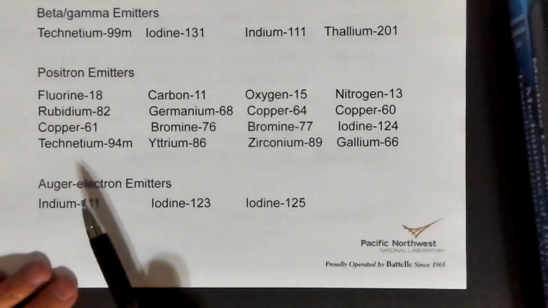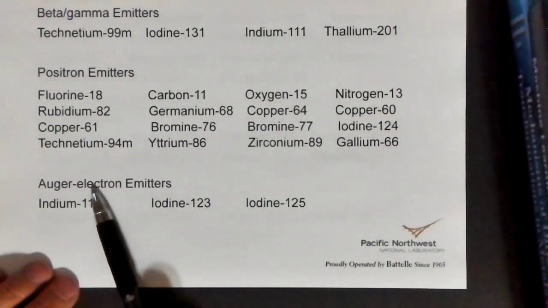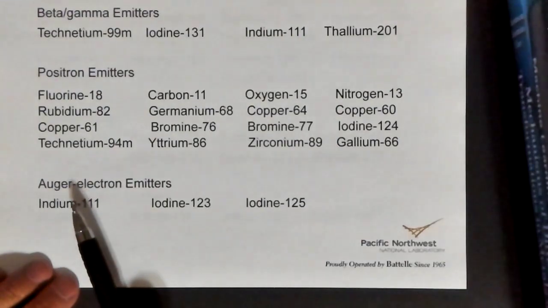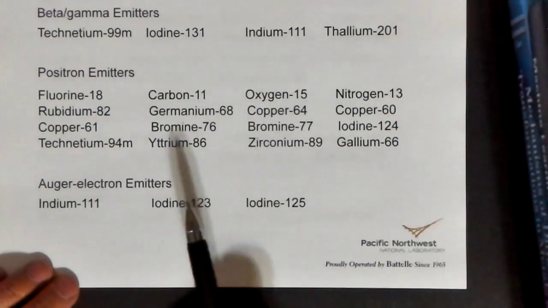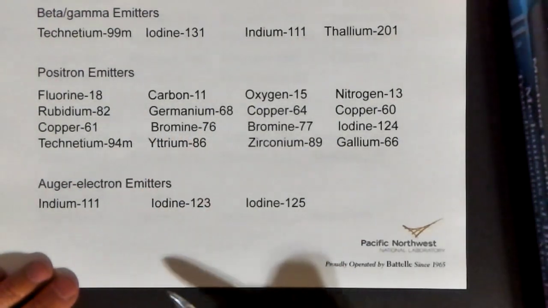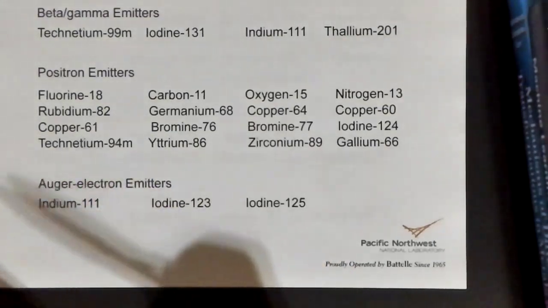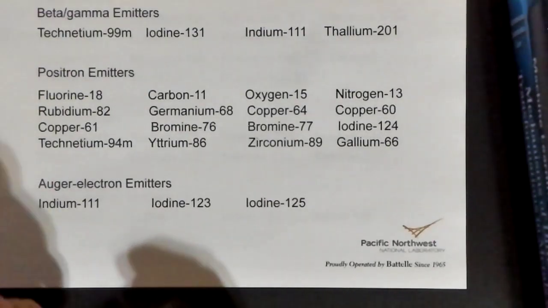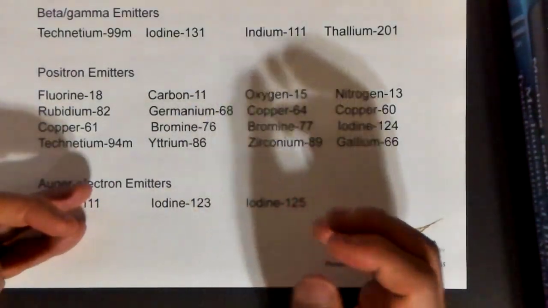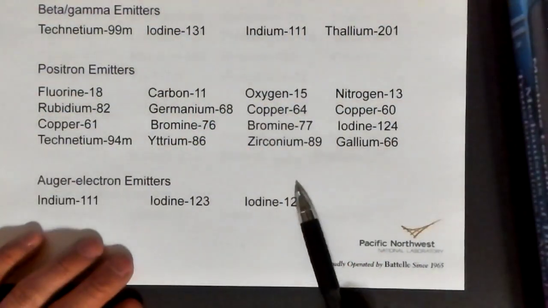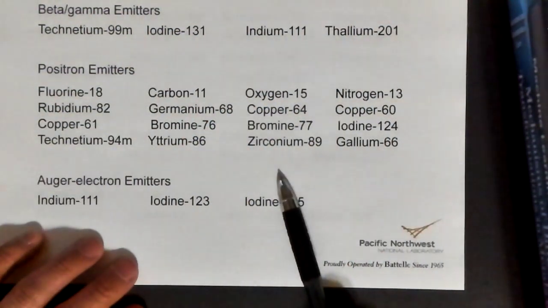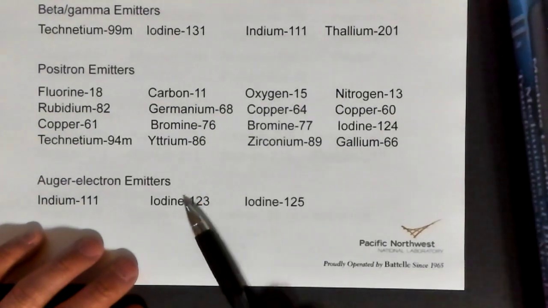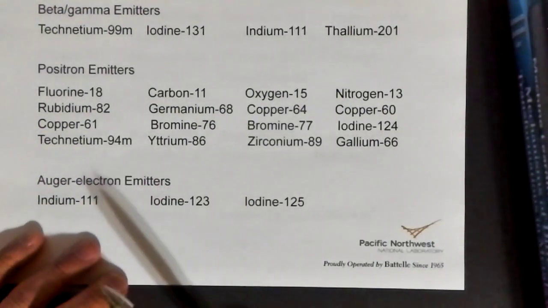Now, you also have what are called Auger electron emitters. That's when you have electron capture, where one of the inner electrons gets captured by the nucleus. Then one of the outer electrons will fall in to replace the missing inner electron.